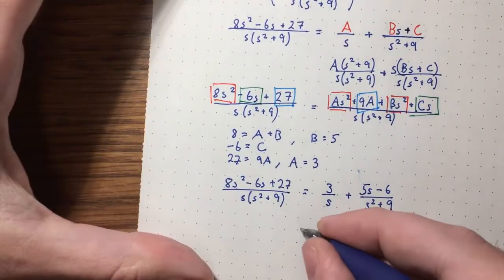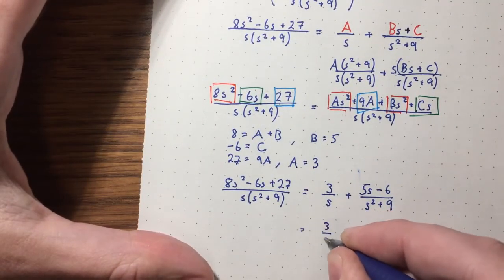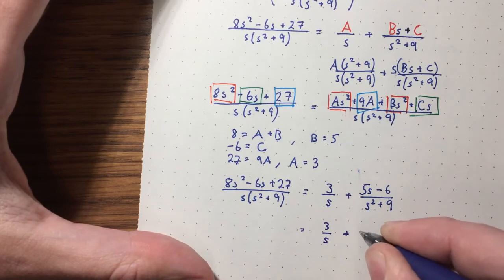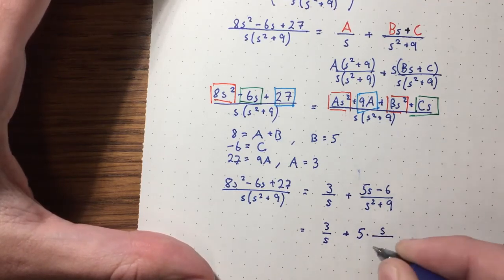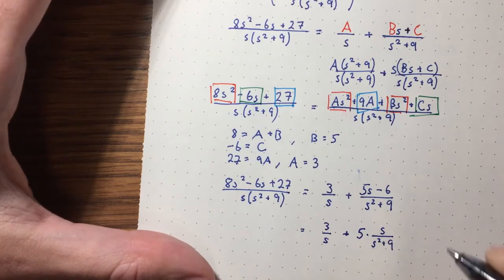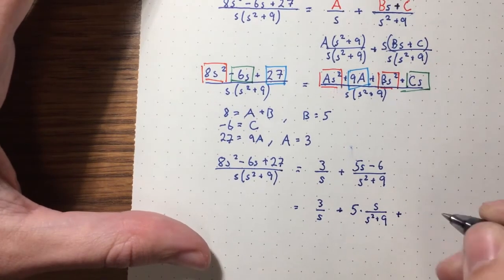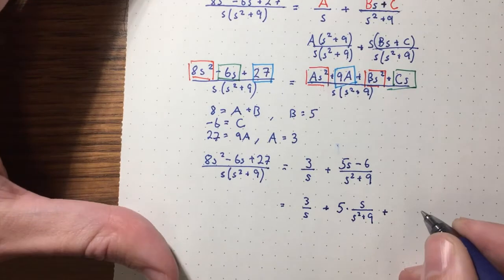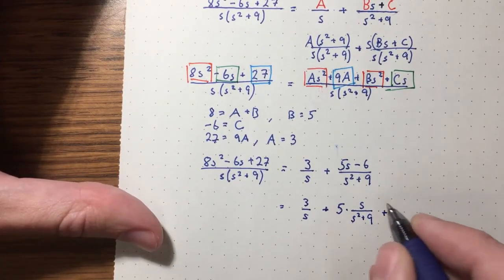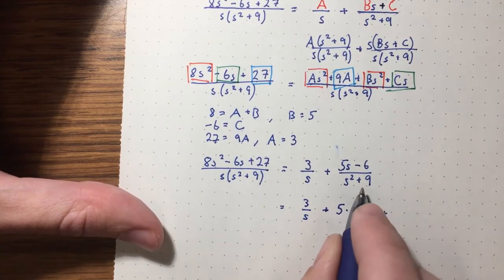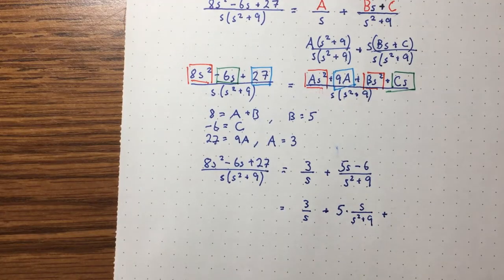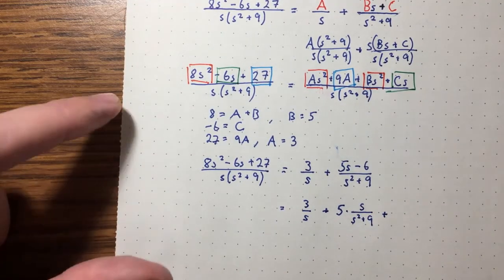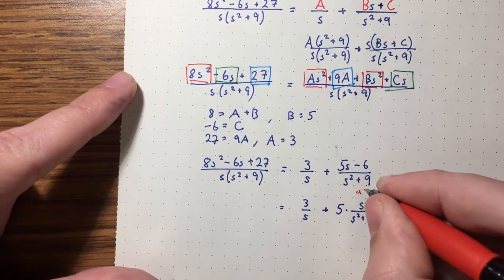So let me just write out one more thing. So we have 5, let me write it like this, 5 times s over s squared plus 9. Then we have plus, well, what do we really want in the numerator? We want a over s squared plus a squared. A squared is 9, so a is 3.